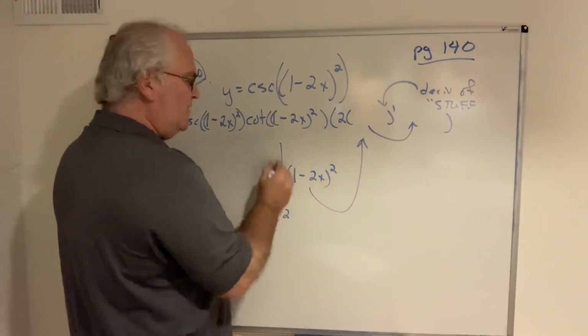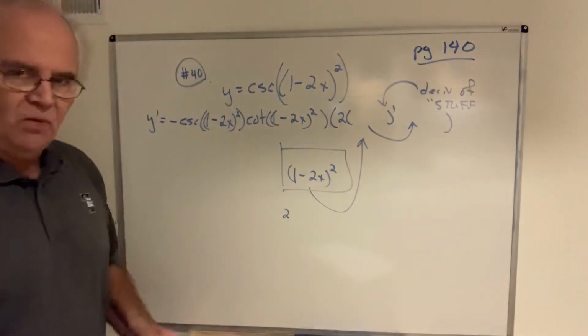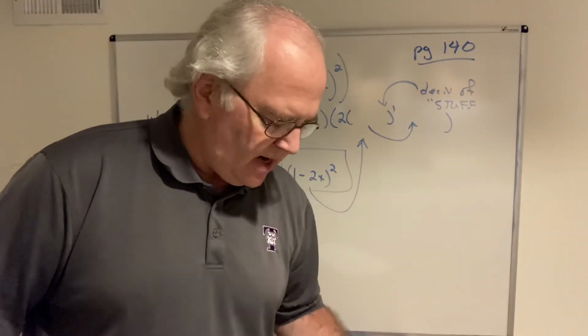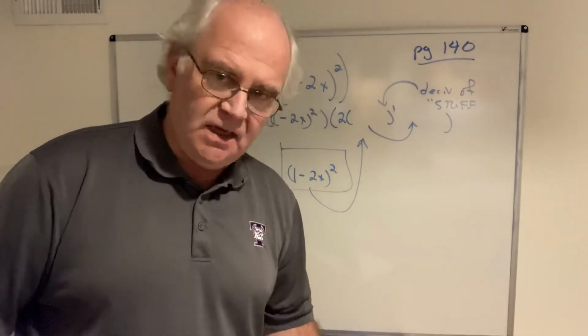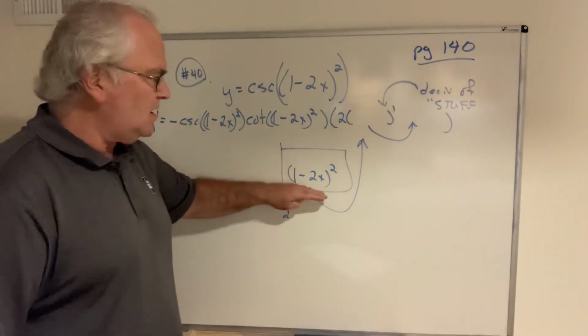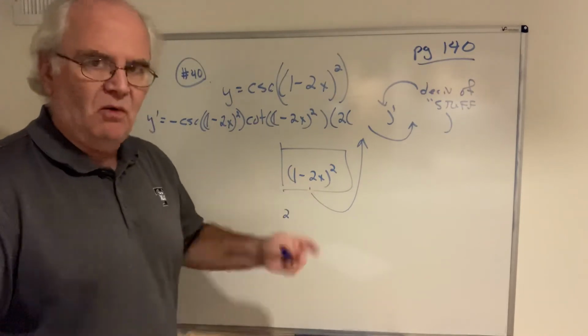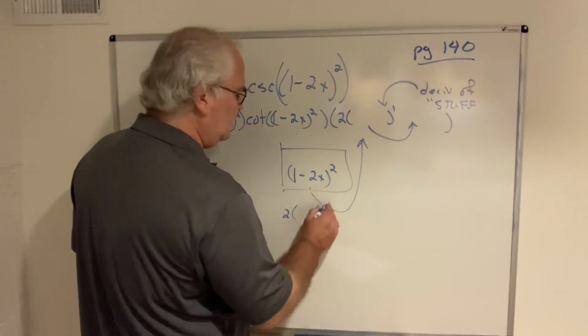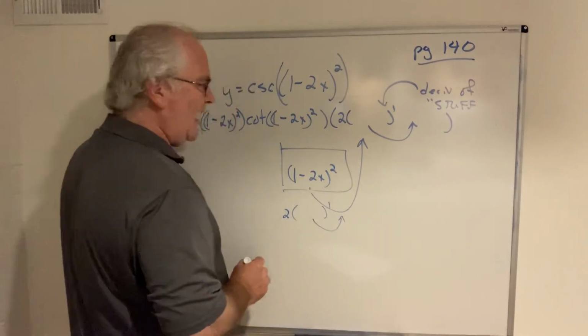You take the derivative of this as if it were the only thing on the page, which is why you slog through 10 and 12 and 14 and the 20s, so that when you get to the 30s and the 40s, you can use those skills as you build up more and more complex functions. And so this is 2 times stuff to the first times the derivative of that.